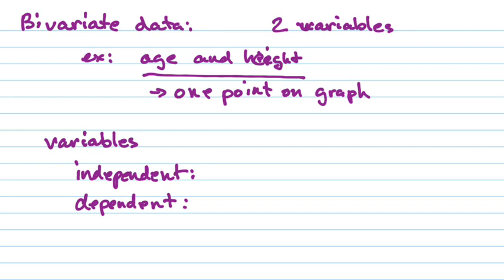Listen to my sentence and tell me if it makes sense. Your height depends on your age. Or your age depends on your height. So how tall you are determines how old you are, or how old you are has something to do with how tall you are. What do you think?